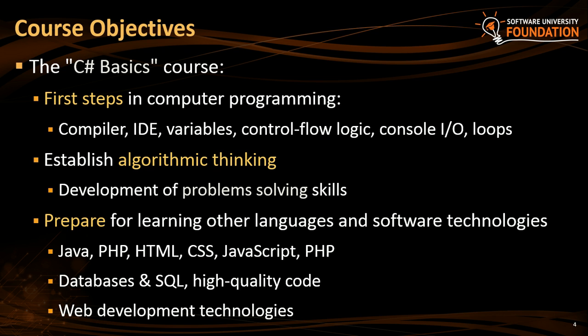And later we'll upgrade our programming skills into JavaScript and PHP, which are somewhat similar to C# and Java. I have PHP two times, now I notice in my slides. But they are a bit different, because C# and Java are traditional object-oriented languages, while JavaScript and PHP are scripting languages, and they are dynamic.